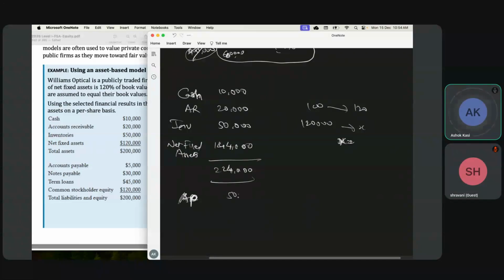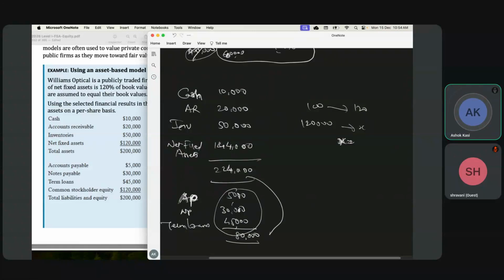Accounts payable is 5,000. Notes payable 30,000. Term loans 45,000. Equity will not be included here. This comes to 80,000.